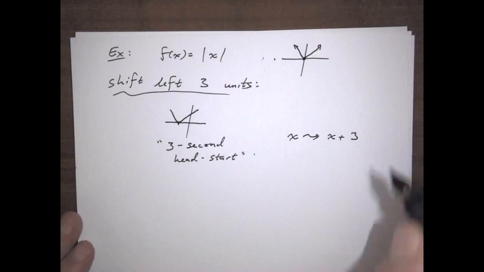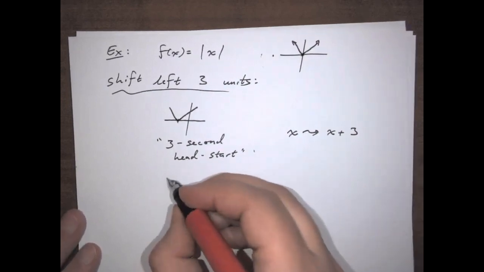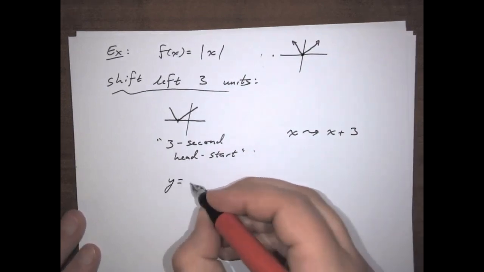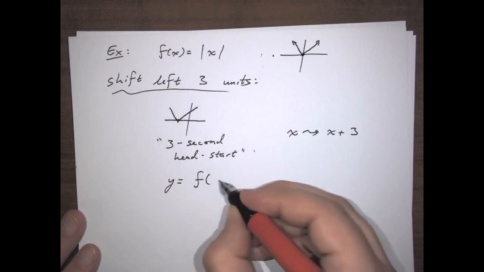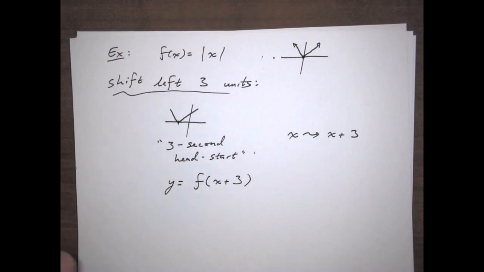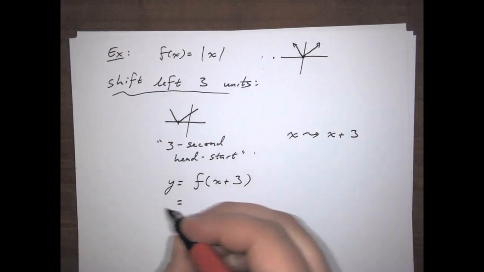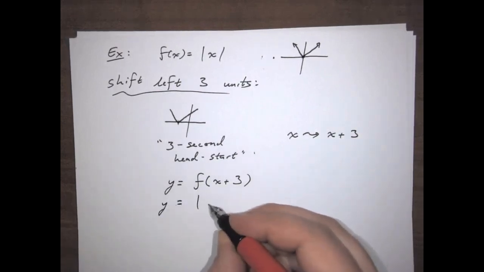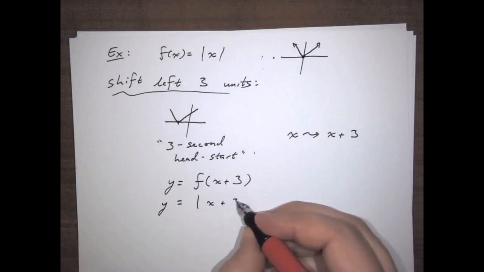They're all 3 seconds further along than you thought they would have been at that point. So that means y is equal to f of x plus 3. Where there used to be an x, now there's going to be an x plus 3. In other words, y is equal to the absolute value of x plus 3.